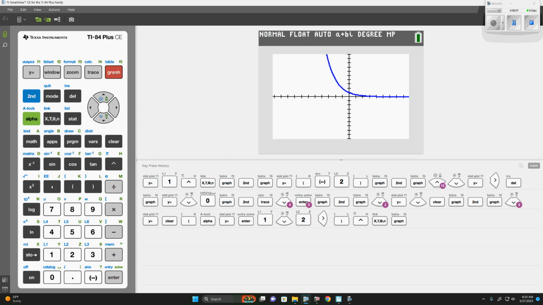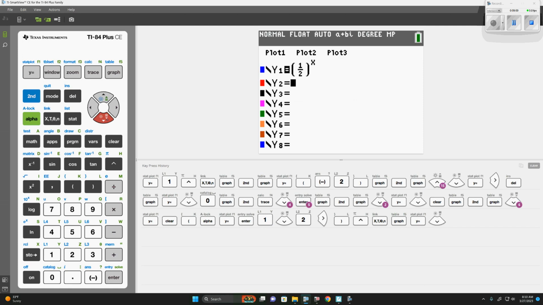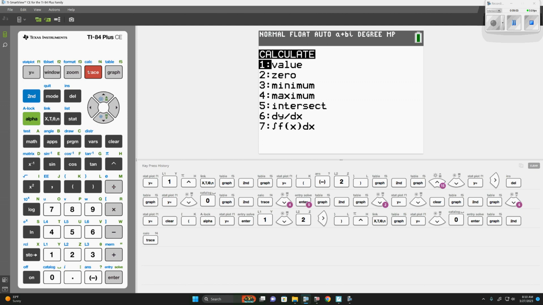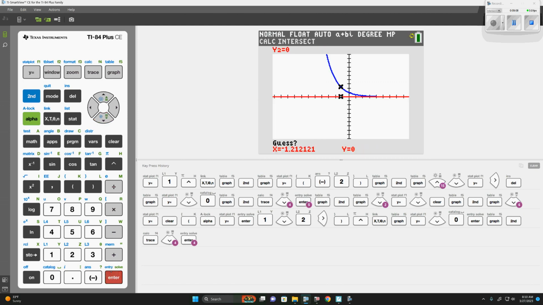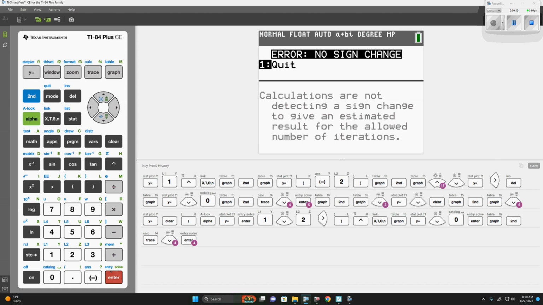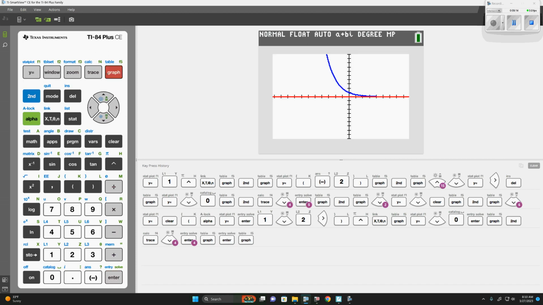And again, we can do the same thing I did on the last one. Do second trace intersection. There are no sign changes. So there's no place where these two graphs are going to cross. There's no place that's going to intersect y equals 0. So it has a horizontal asymptote at y equals 0, the x-axis.